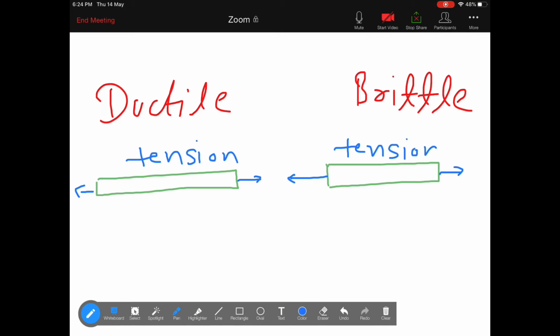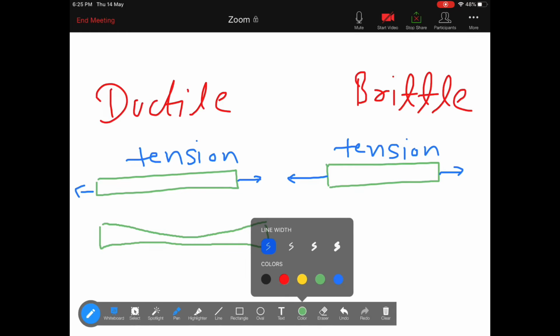After that, up to its permissible limit, what is the effect of tension in both? We see a steel rod behave like this. In the steel rod, we see it has much more strain as compared to chalk.